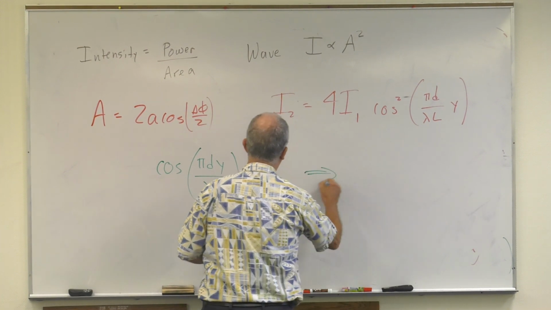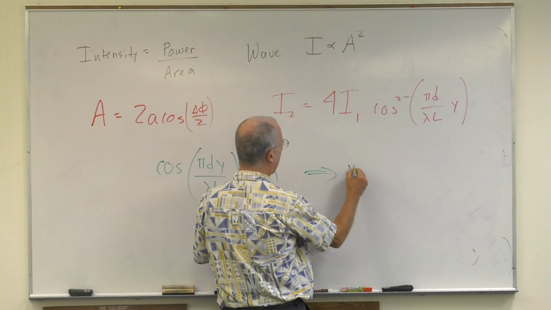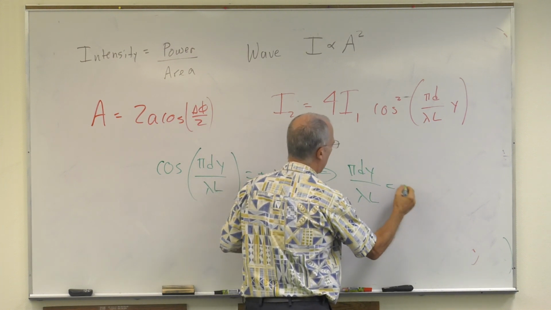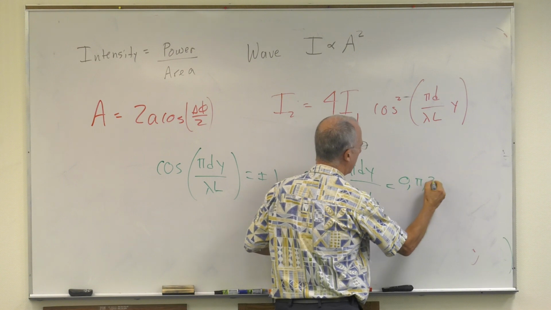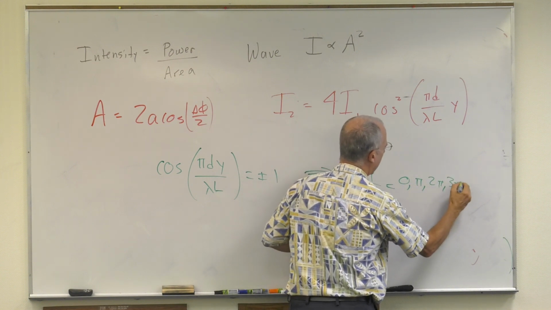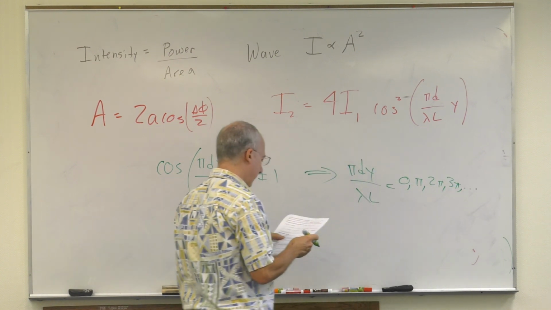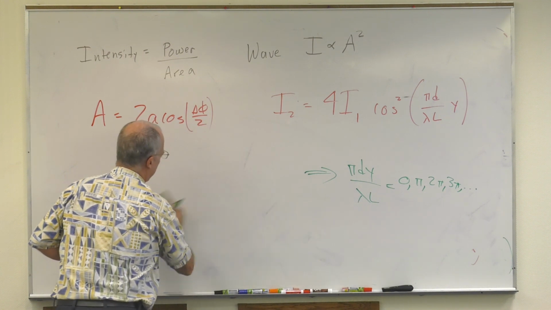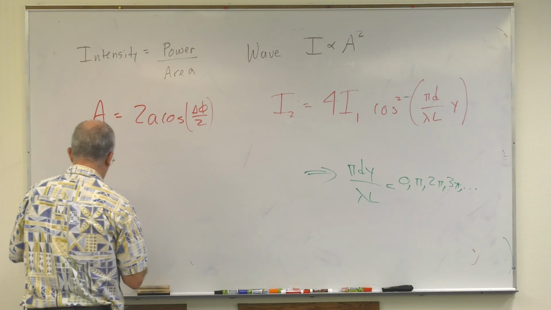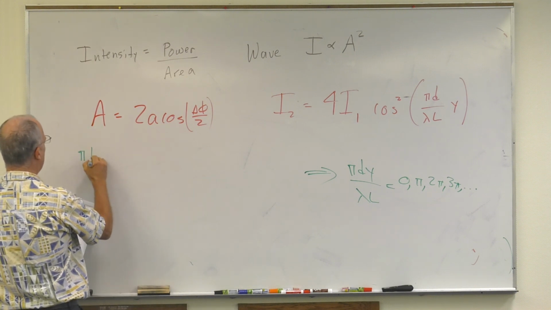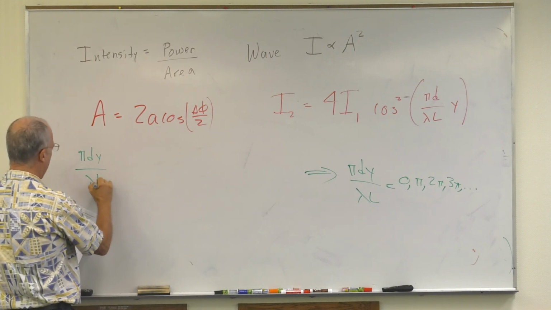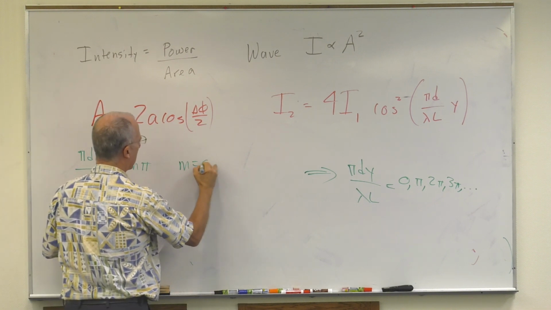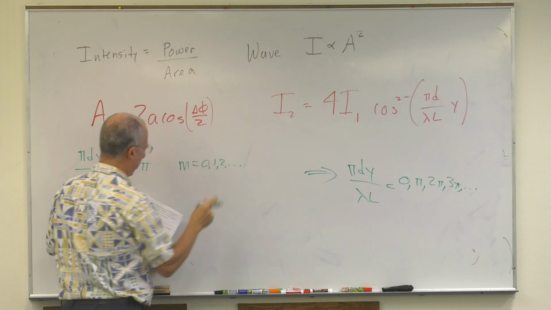So therefore, pi dy over lambda L equals 0, pi, 2 pi, 3 pi, and so on. Well, that's stupid to write it like that, so let's be a little bit more intelligent. That means that pi dy over lambda L equals m pi, where now m equals 0, 1, 2, and so on.